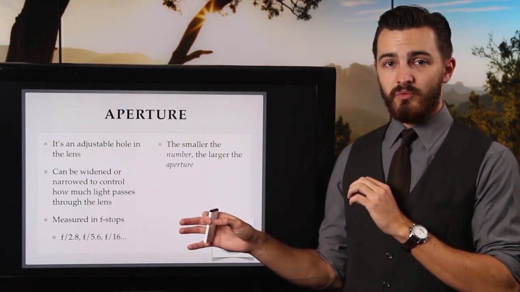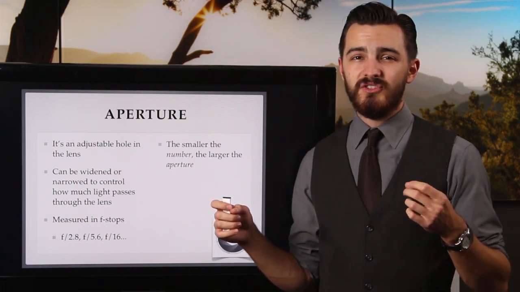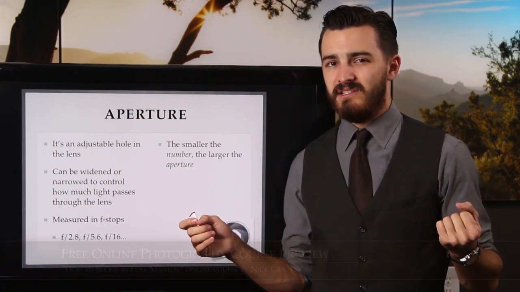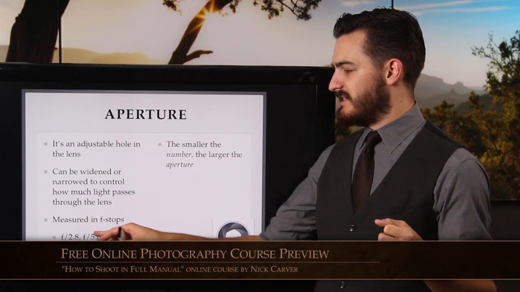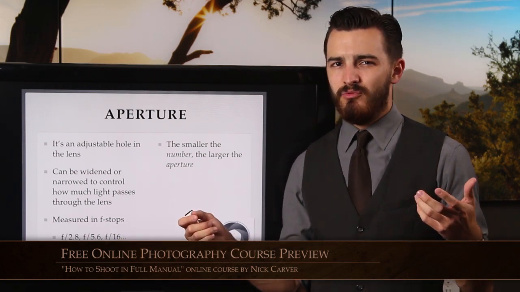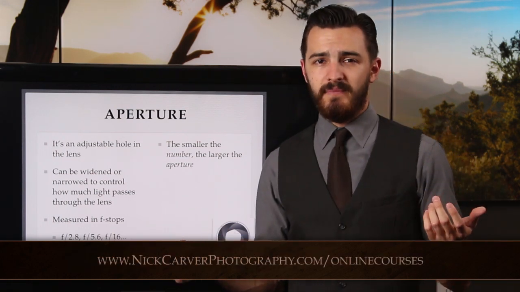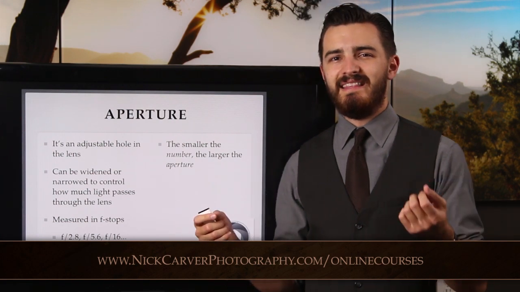Now these numbers are real funky, and they give people a lot of trouble because the decimal points in the numbers don't seem to have any rhyme or reason to them. You get weird decimal points like 2.8 and 7.1, and then you get up to the higher numbers and the decimal points just disappear. Well, these numbers are derived from a formula that has to do with some measurements inside the lens.